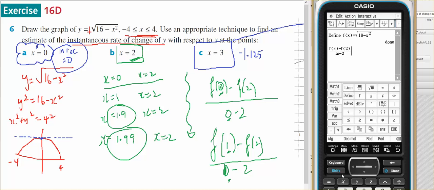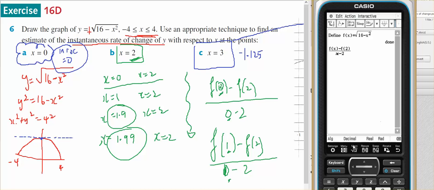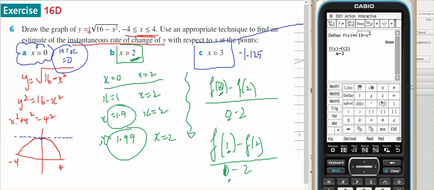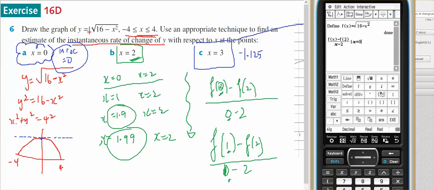So I take this and I'm going to bring up my keyboard, math 3 given, x equals 0. And press enter, and I get that as being the estimated instantaneous rate of change using the line from 0 to 2. If I go to 1, it's negative 0.4.